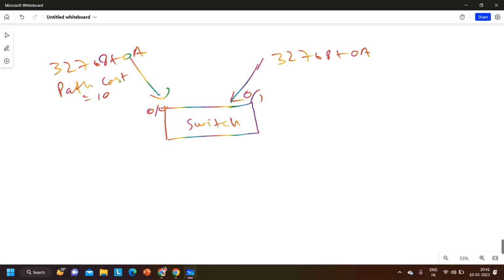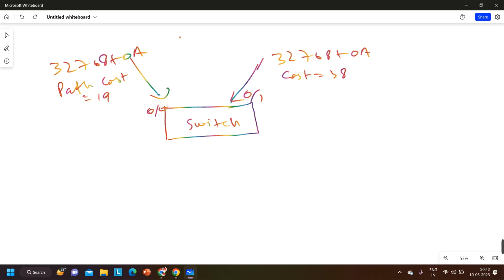Suppose here the cost is 19 and here the cost is 38. So again, which path will become superior? This path. This is the superior BPDU, right? So lower cost is always preferred to identify the superior BPDU. So on the basis of path cost also we can identify the superior BPDU.